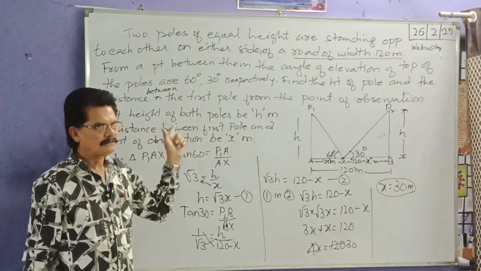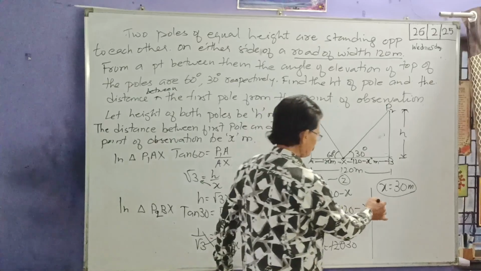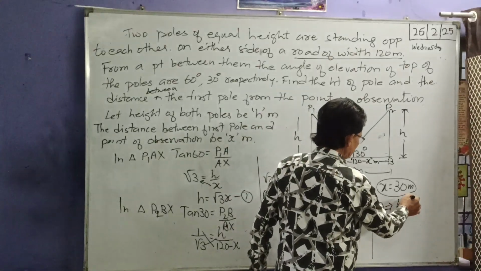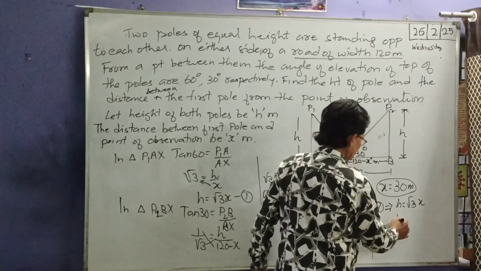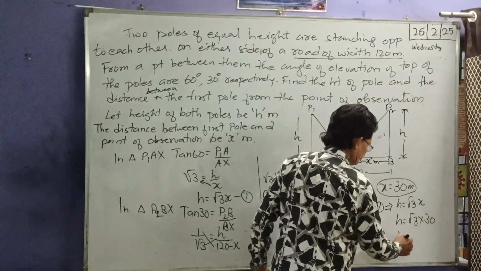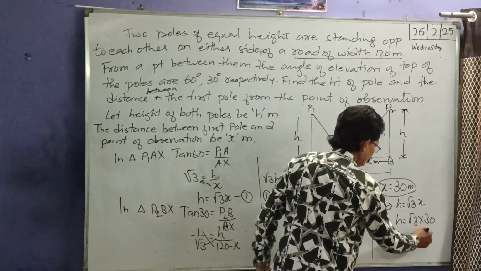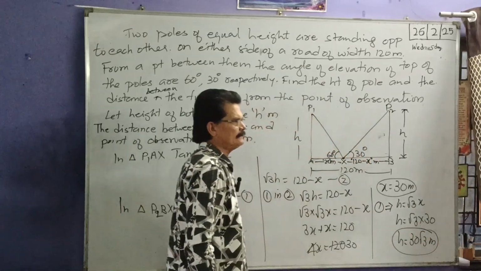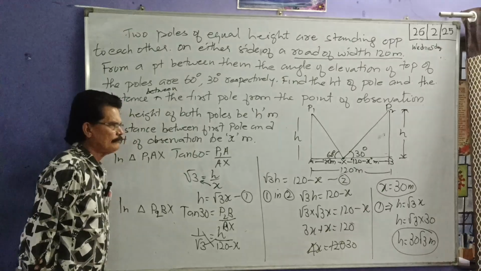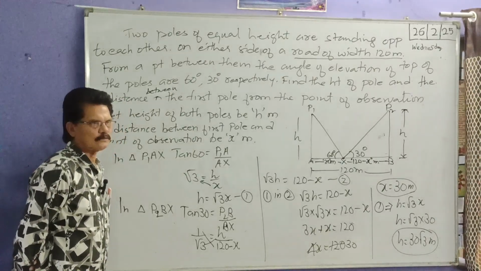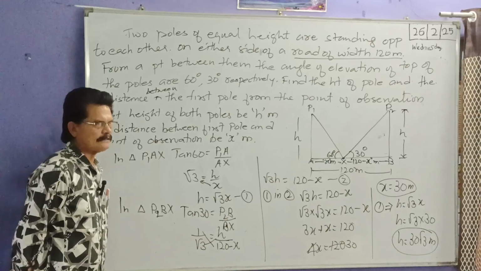H is equal to root 3x. H is equal to root 3 into 30. So H is equal to 30 root 3 meters. So the height of both the poles is 30 root 3 meters. What is the height of both the poles? 30 root 3. So understood now?